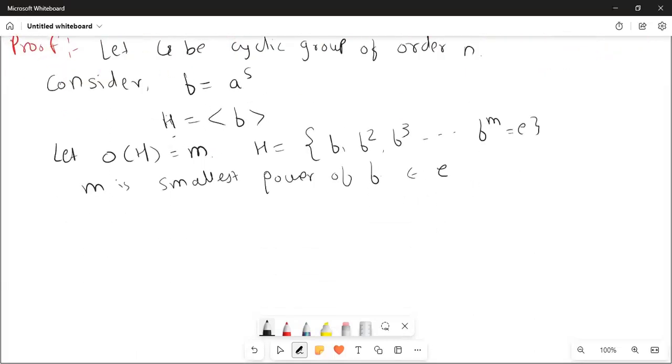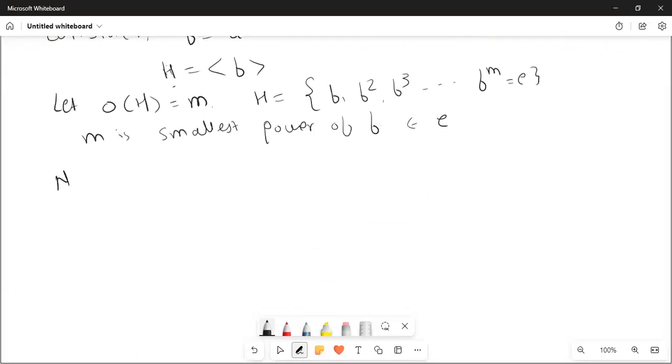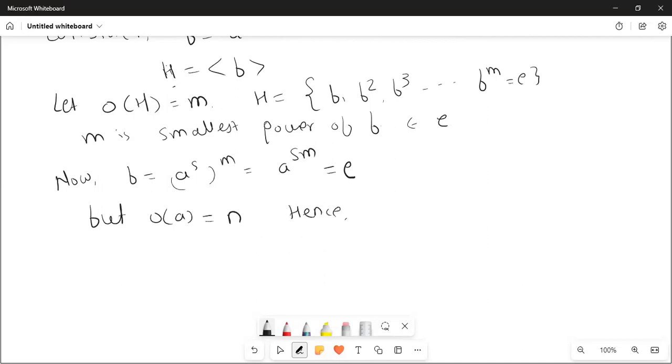Now b is equal to a raised to s, and a raised to s raised to m means a raised to sm, which is equal to e, because here e is the identity element. But the order of a is equal to n, hence n divides sm.